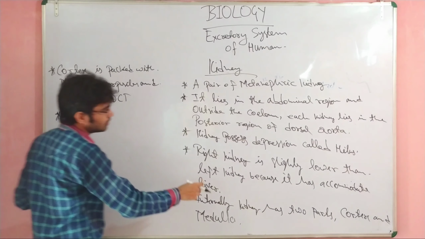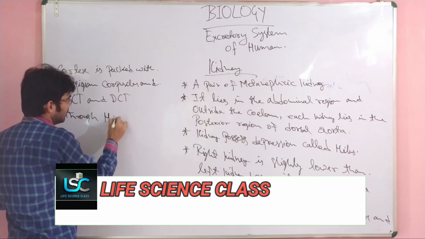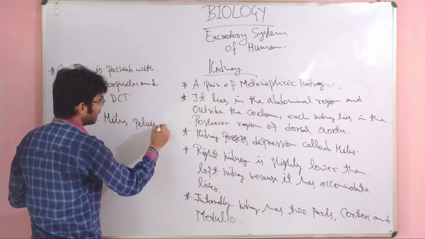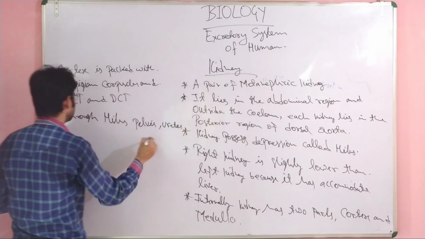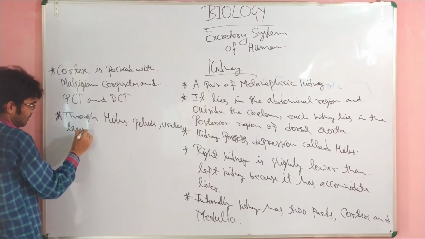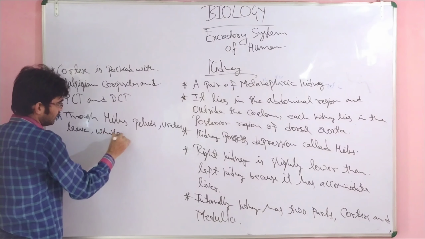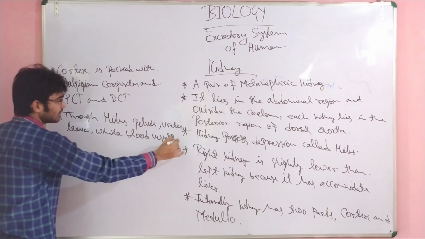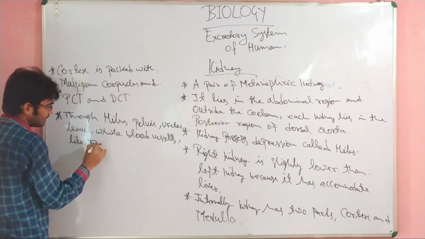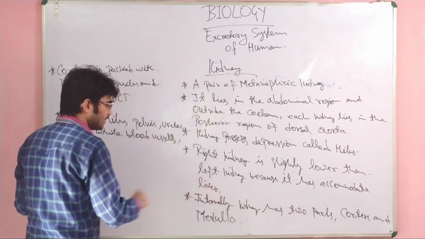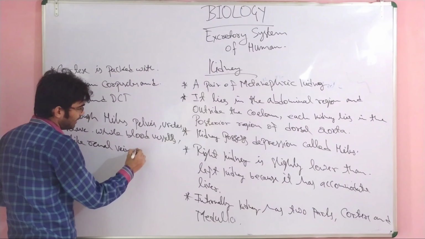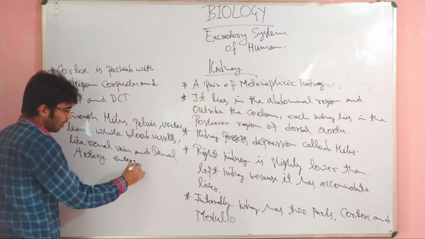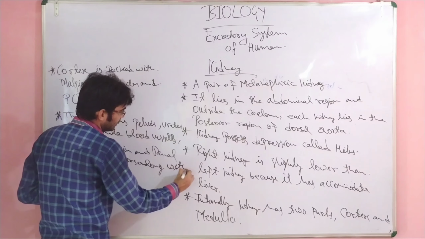Through the hilus, the renal pelvis and the ureters leave, while blood vessels like the renal vein and renal artery enter along with lymphatic vessels.